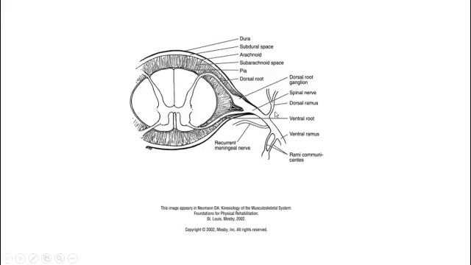You'll see here there's a pretty big difference in size between the dorsal and the ventral ramus. The dorsal ramus is going around, and it's going to innervate the muscles and the skin of the back. The ventral ramus is going to innervate either the muscles and skin of the anterior trunk, or it's going to go to the extremities.